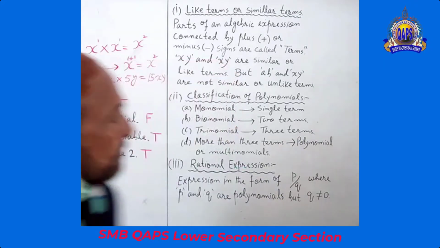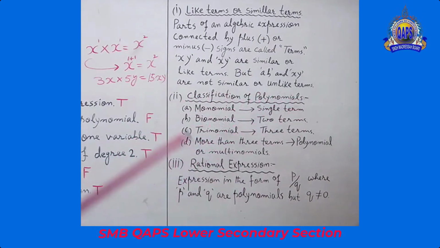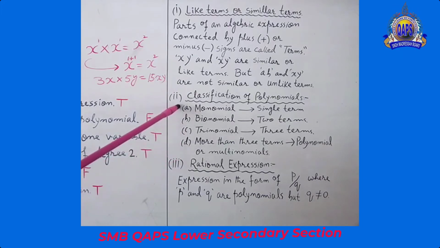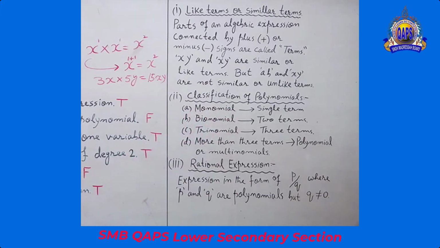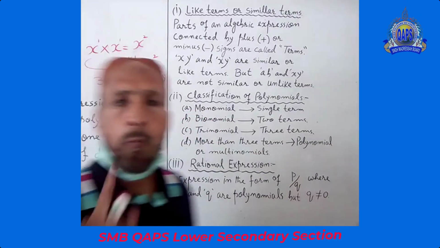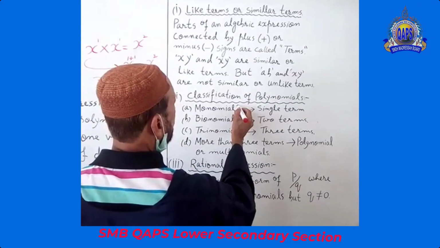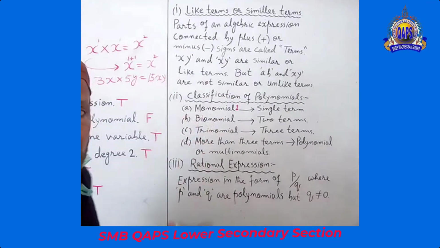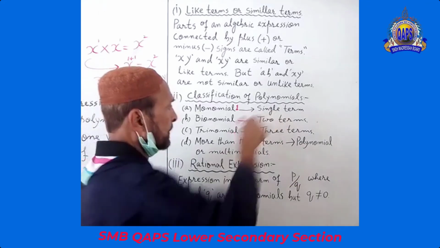Now number 2. Classification of polynomials. Monomial, mono means one. Understand? Mono means one. Monomial means singleton.